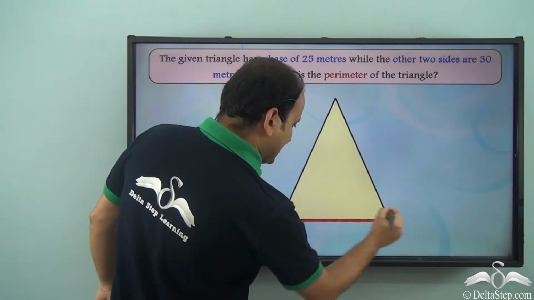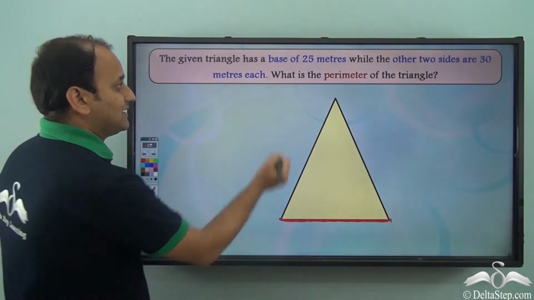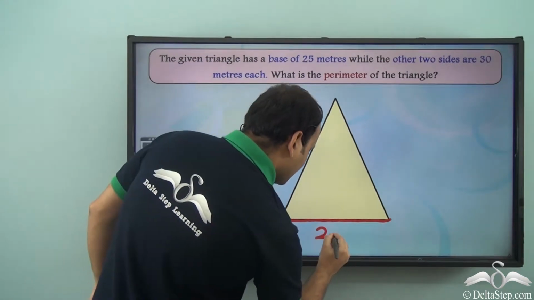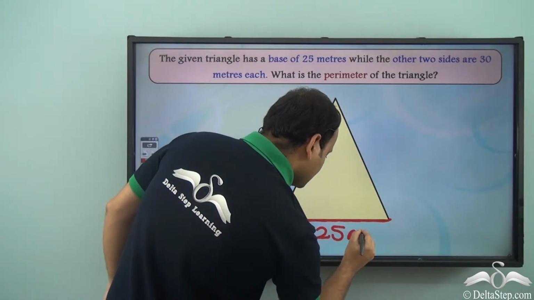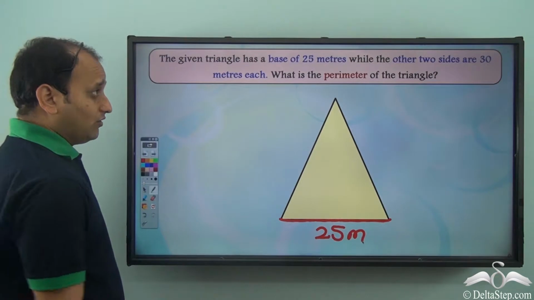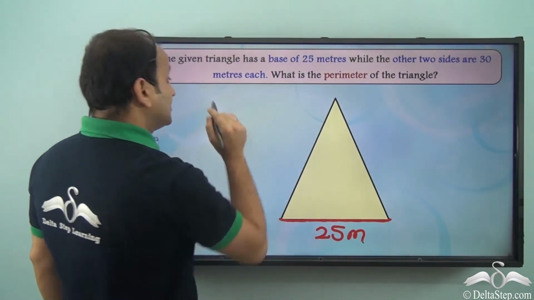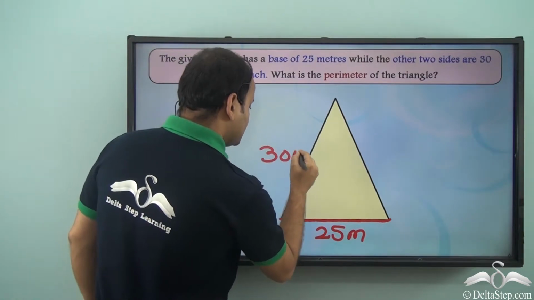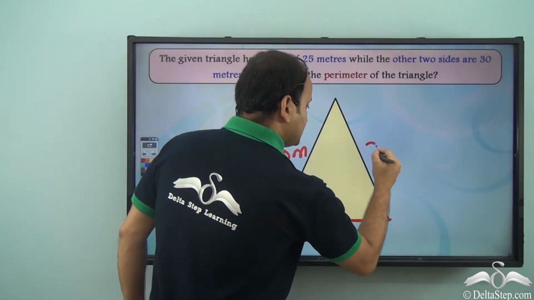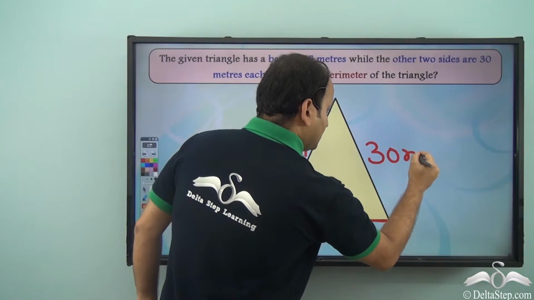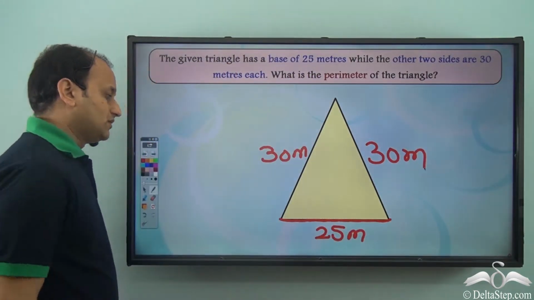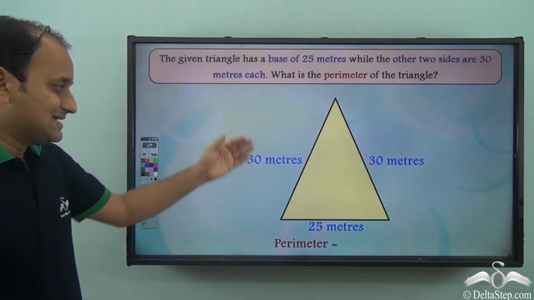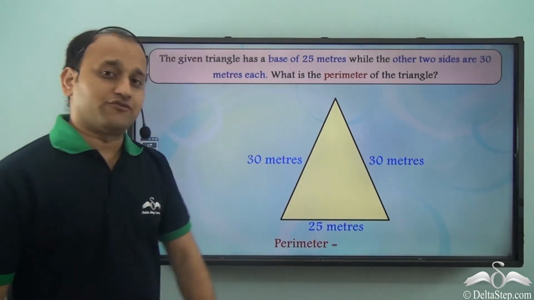So this is the base side of the triangle, and that is 25 meters in length. Now the other two sides are 30 meters each. So 30 meters and 30 meters. So this is the triangle we have in front of us.